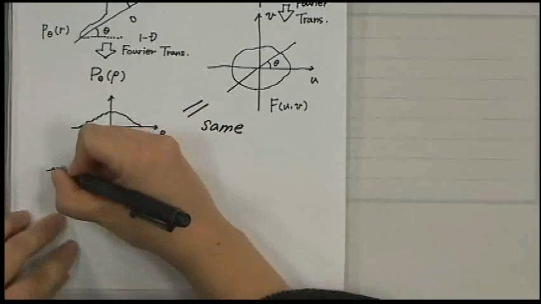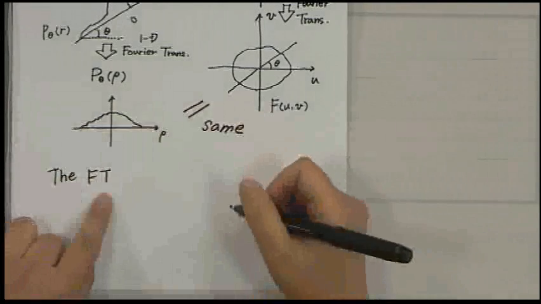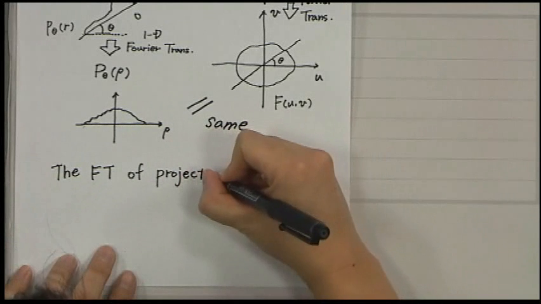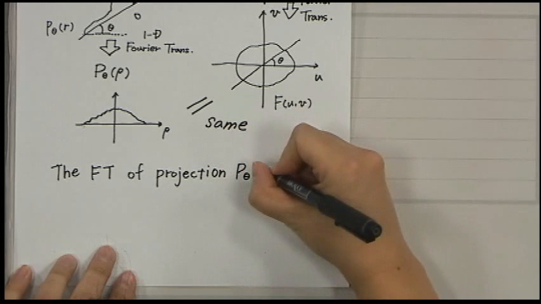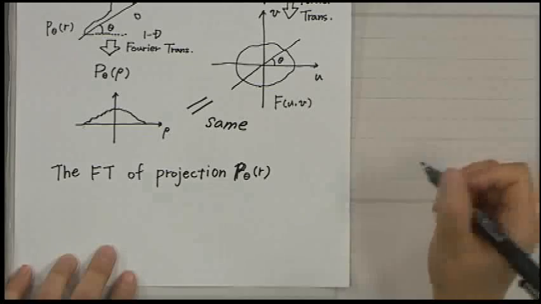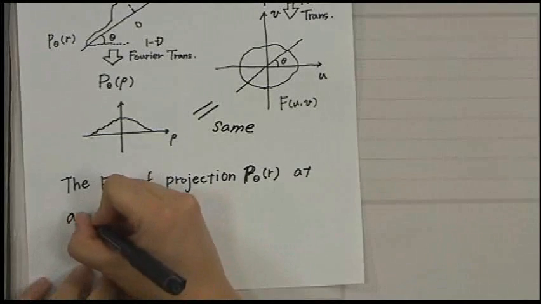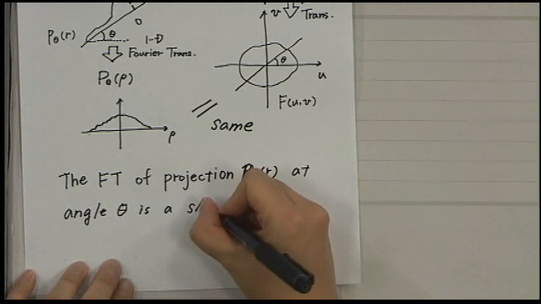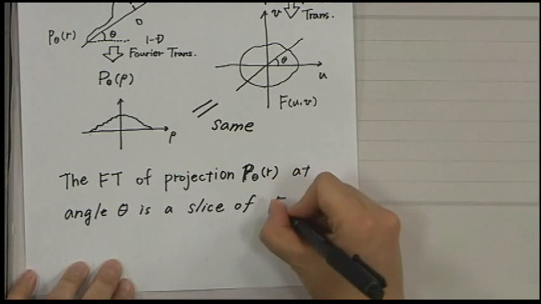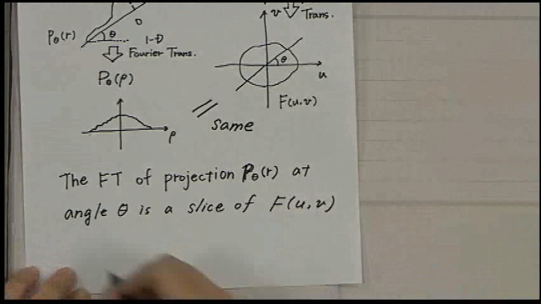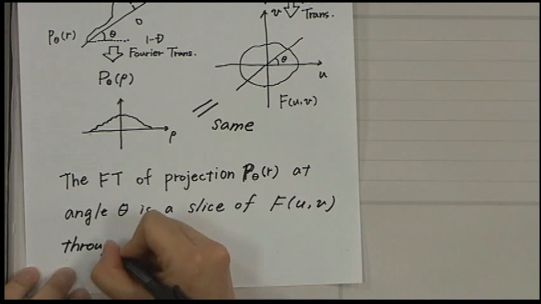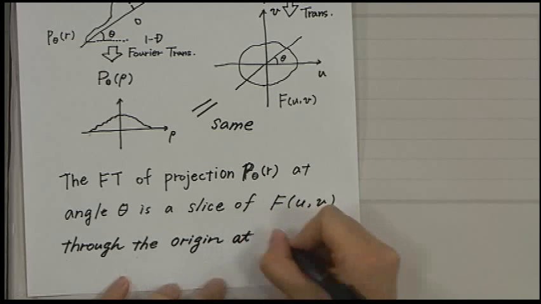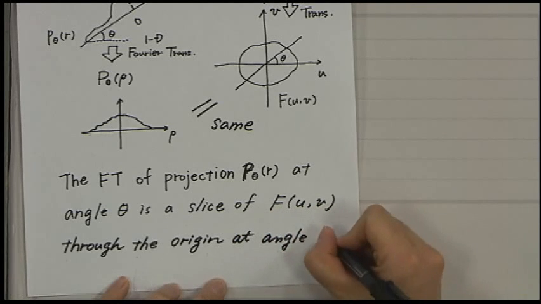The Fourier transform of projection p theta, sorry, this is small p, at angle theta is a slice of F, through the origin at angle theta.